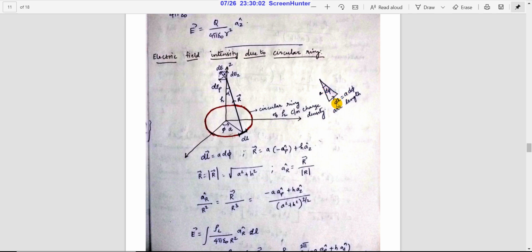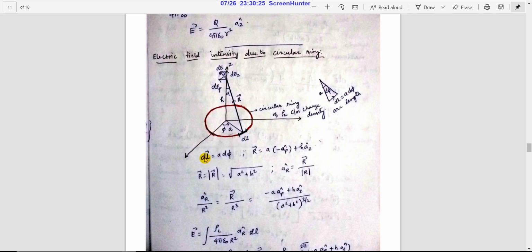So the arc length of this line segment is dl equal to a into d phi, because this is an arc length: the differential angle and the radius are multiplied.